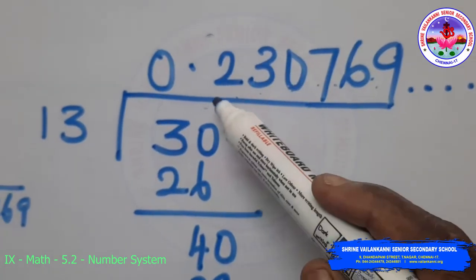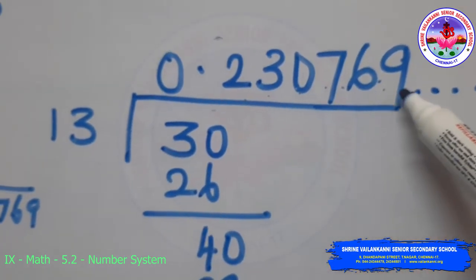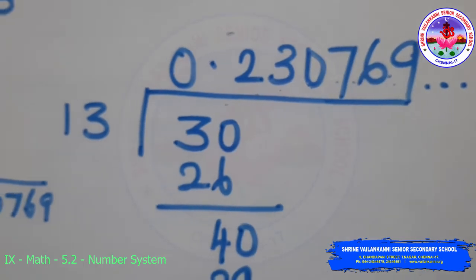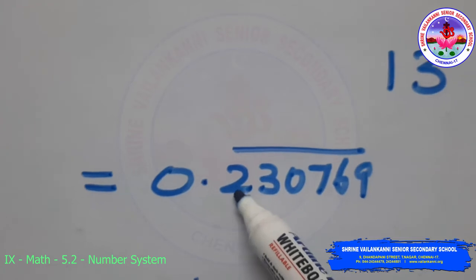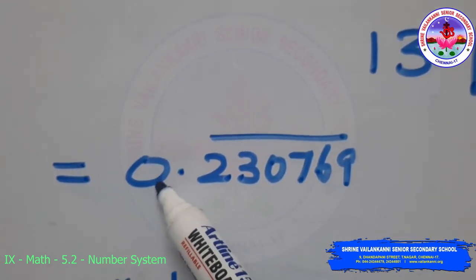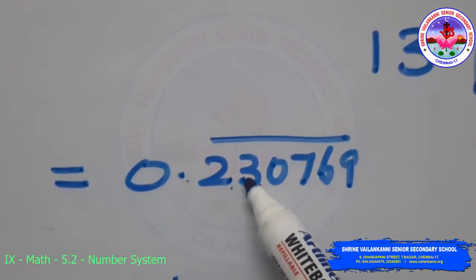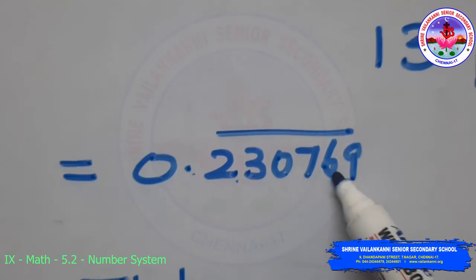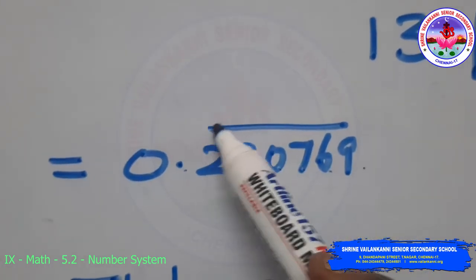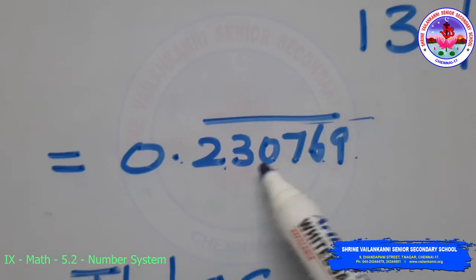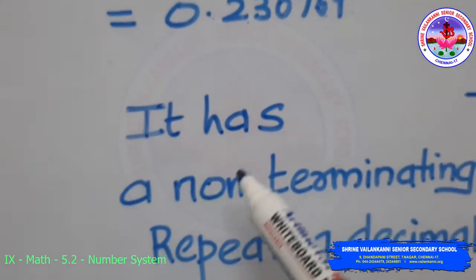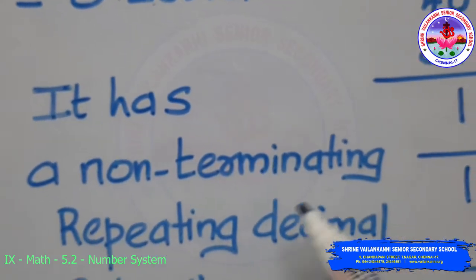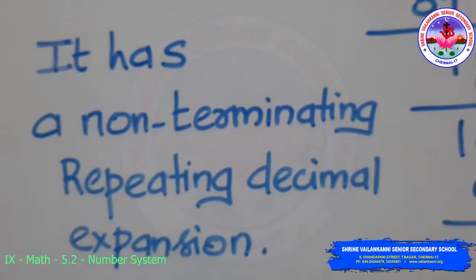The digits keep on repeating. So 3 by 13 has the decimal expansion 0.230769 bar, since the digits get repeated. So I can say that it has a non-terminating repeating decimal expansion.